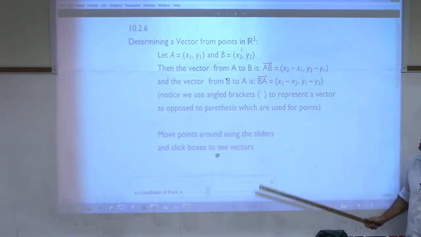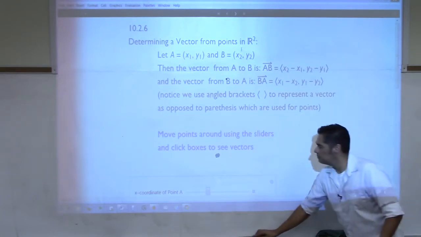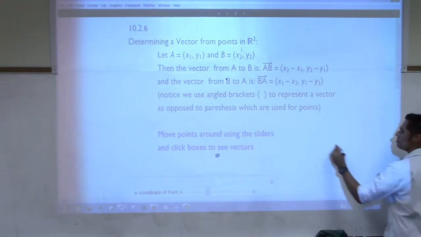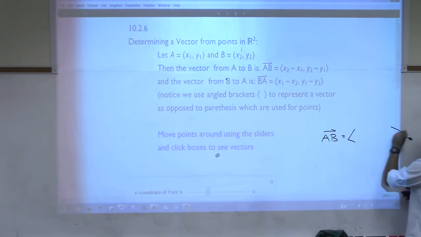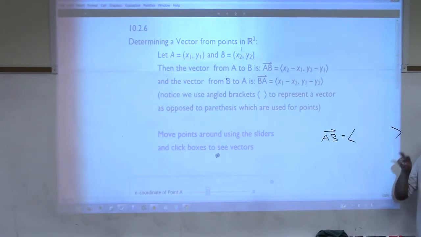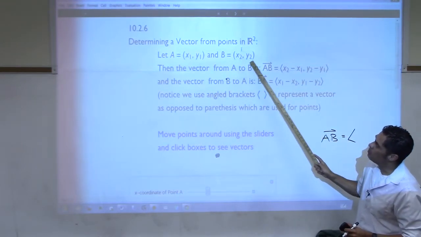and then notice our use of angled brackets. We always use angled brackets when we're talking about vectors. Instead of parentheses, we use parentheses for ordered pairs, which are points, right? So you notice that up here, these are parentheses, and these are parentheses.